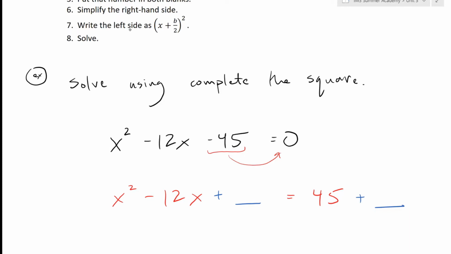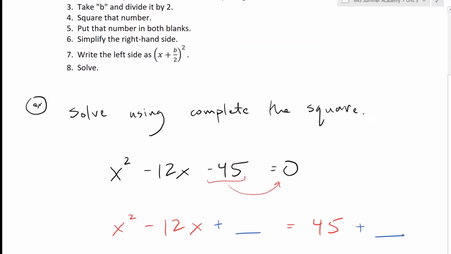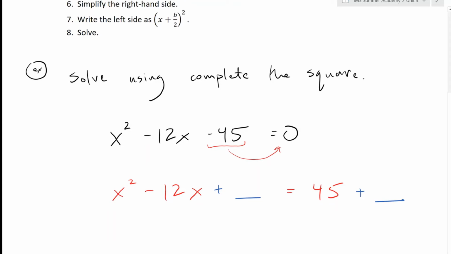All right. Step 3, take b and divide it by 2. Now, since it was in standard form, there's an a, there's a b, and there's a c. A being 1, b being negative 12, and b is what we want. So I'm going to take that off to the side here. B is negative 12. Whatever number that is, go ahead and divide it by 2.